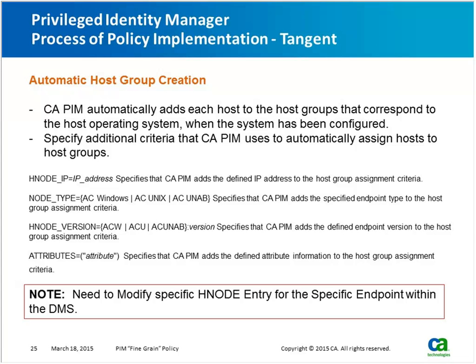Let's say the server is now a member of host group 1 and host group 2, and you delete the association with host group 1. It will actually go through the process of undeploying those policies associated with host group 1. So just letting you know that that's the advantage here.